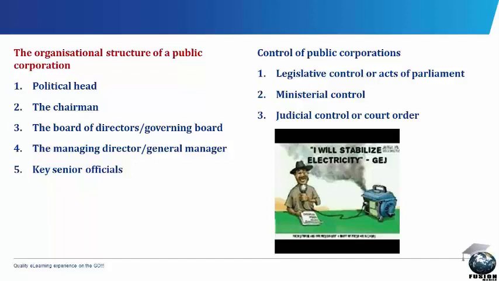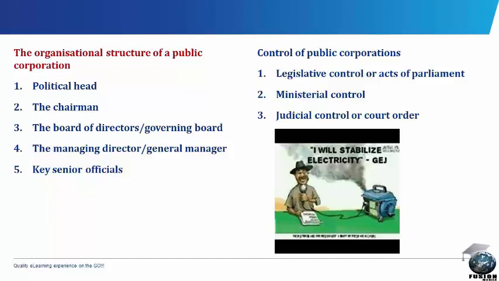The minister is the overall political head of the corporation and gives policy guidelines to the board of the corporation. Number 2, the chairman. At the apex of the administration is the chairman, who is a government appointee.